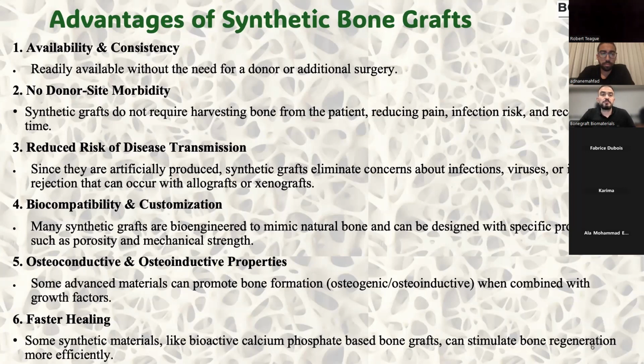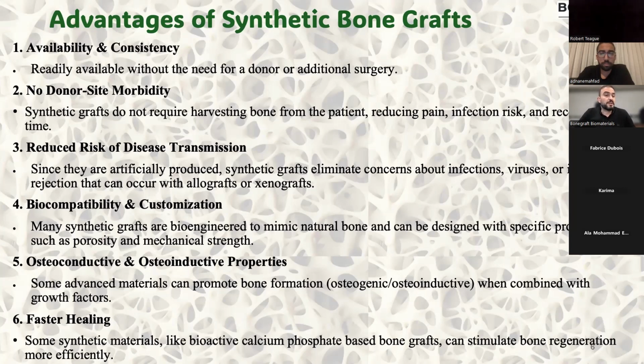You keep using the highest grade chemicals and fewer toxic elements, so you continuously get consistent products. You would never have the product quality change based on a donor change. In synthetic grafts, it never happens.